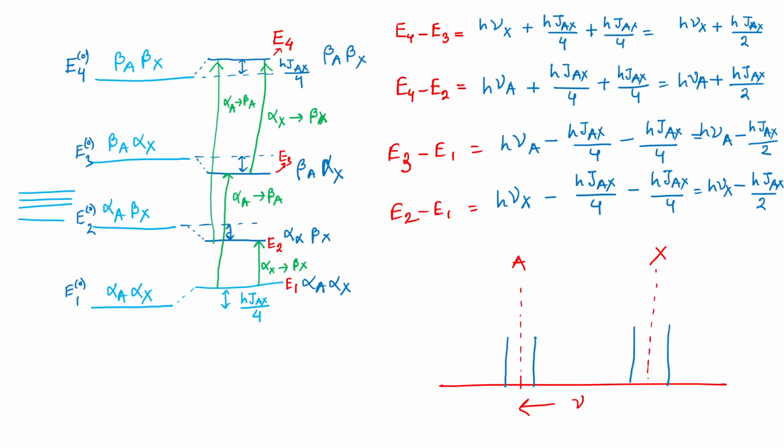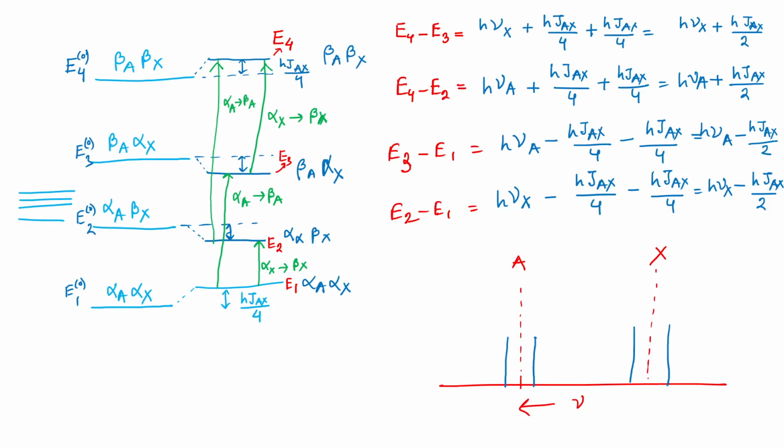What will happen if it is an AX2 kind of a system? Then what is going to be the effect on A because of X? There are 2 X's. Think of it like that. It is going to simultaneously split the lines of A.